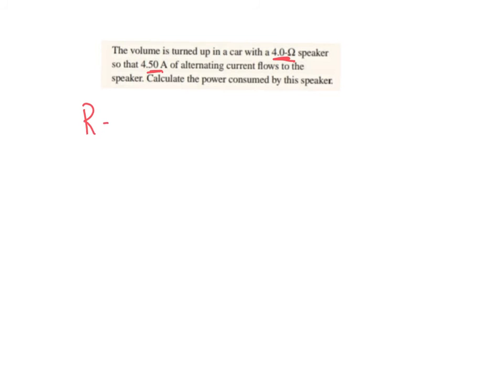So my resistance is going to equal 4.0 ohms, and my current is going to equal 4.50 amps. And once again, we are calculating the power. P is equal to that question mark. But now instead of figuring out V first and then plugging that into the other formula, we're going to just do that one formula.